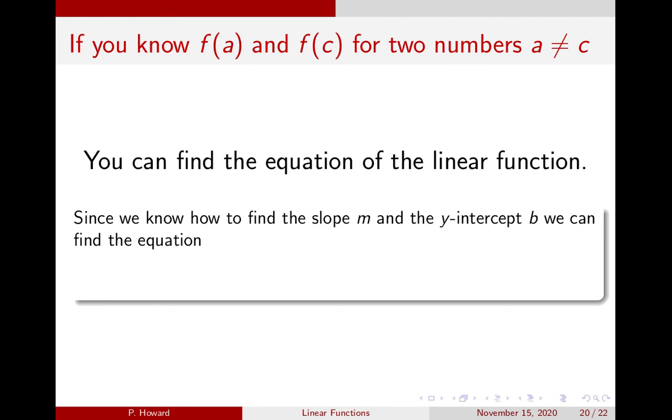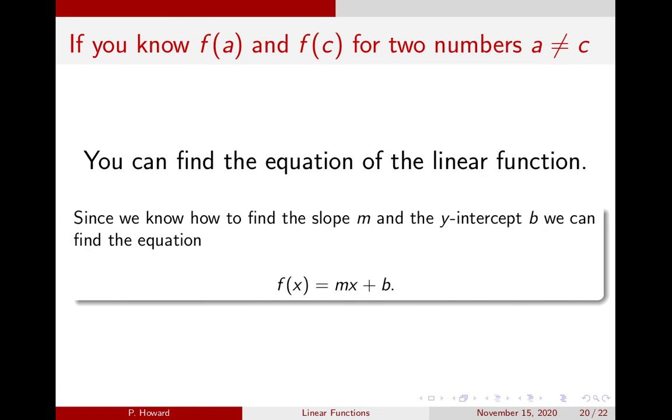And the final thing that we're going to talk about that you can do if you know f of a and f of c is find the equation of the linear function. Actually, we've essentially done that. Once you know how to find the slope m and the y-intercept b, you know what the equation is.